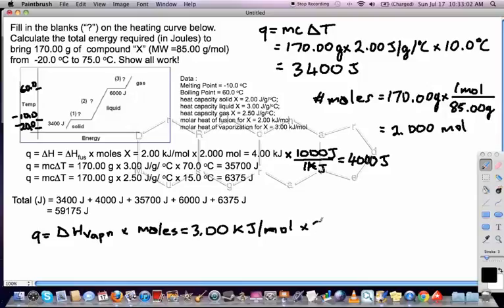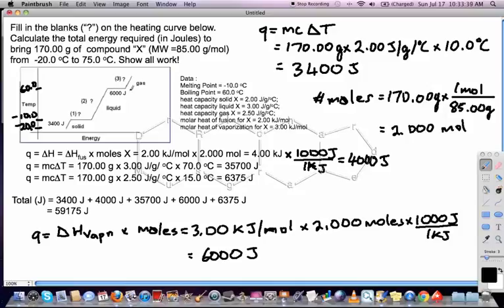And that's times the number of moles, which is 2.000 moles. And just for kicks, we'll take it into joules as well at the same time. And that's going to bring us to 6,000 joules. Alright, so that's the energy required to take the substance as a liquid and turn it into a gas. That's where we get 6,000 from.